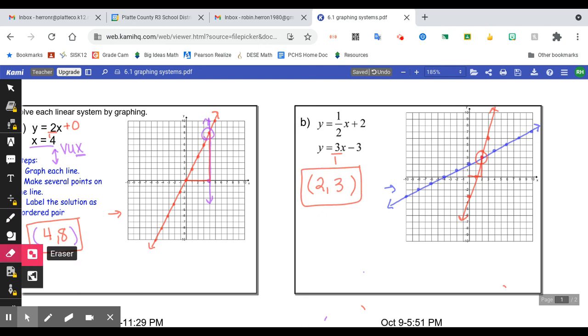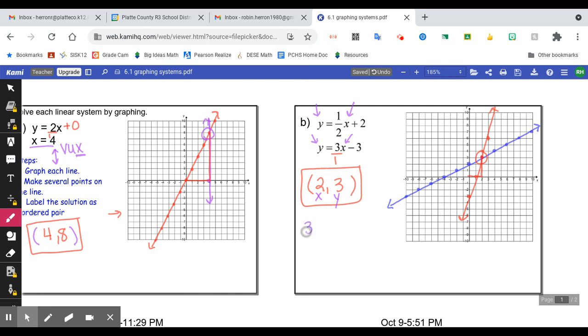Now, if you had to tell me why these two numbers work without showing me a graph, I want you to be able to know why. So if you think about it for a second, you can prove it to me because this is x and this is y. So I can plug these numbers in for x and y in the equations and they will work. Let's try it.